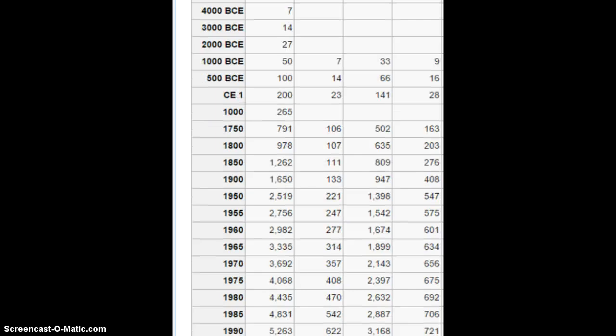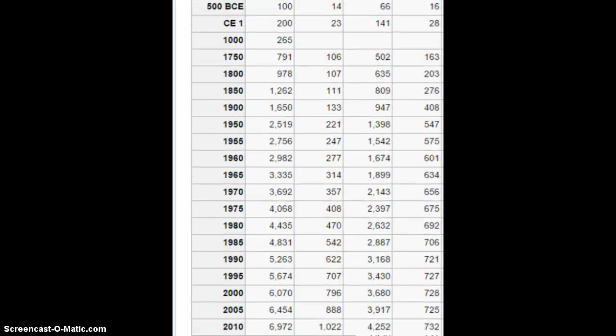And if we start looking down, this is still Africa. It's made pretty progressive growth all the way to 2000, and then they finally surpassed Europe, but they're still not even close to what Asia is.